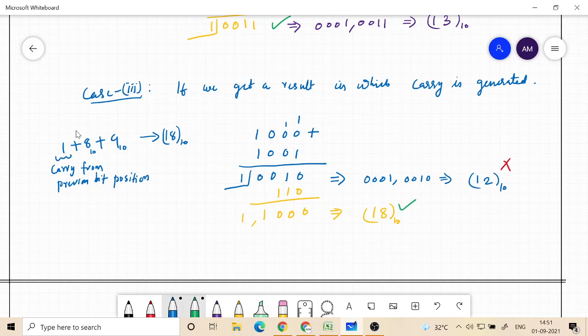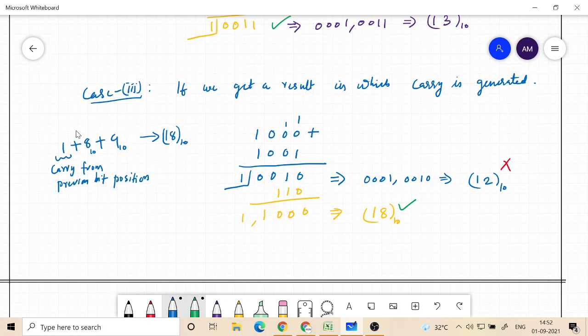So we can correct. These are the only 3 cases, I would argue, which can come up when you add 2 decimal digits with a carry. The maximum number that can come is 19, nothing more than that, and the minimum is 0. So the result in general can be anywhere from 0 to 19.